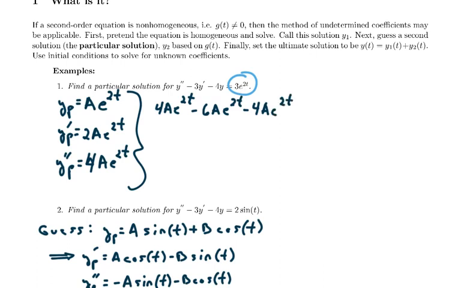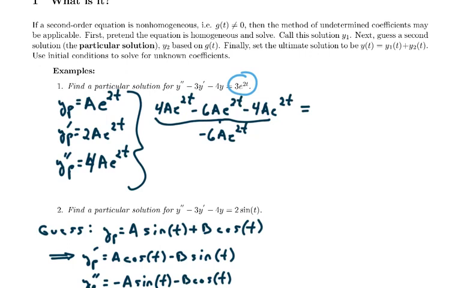Now notice that this simplifies to negative 6a e to the 2t. And that's plugging in to the left side.